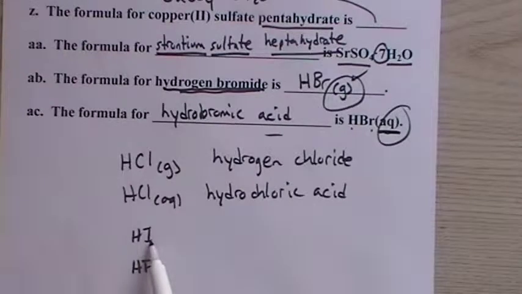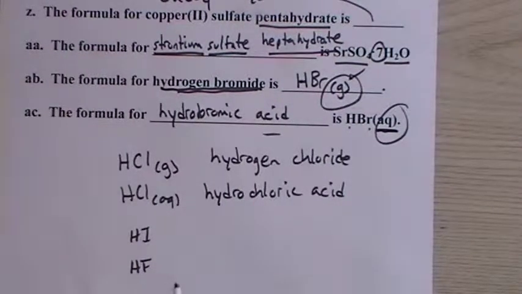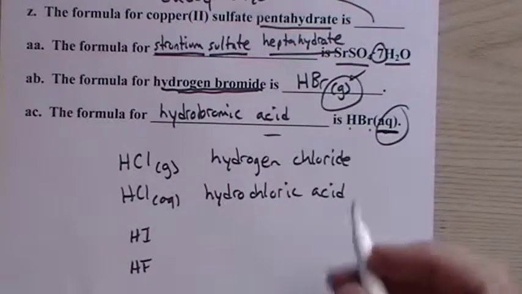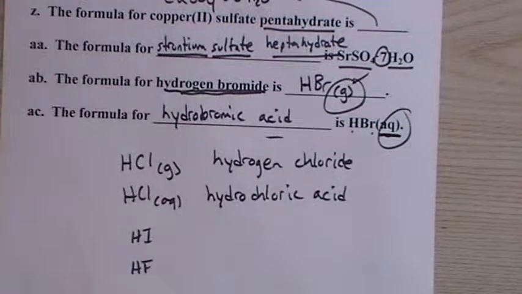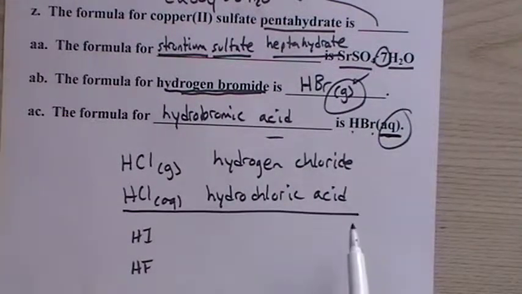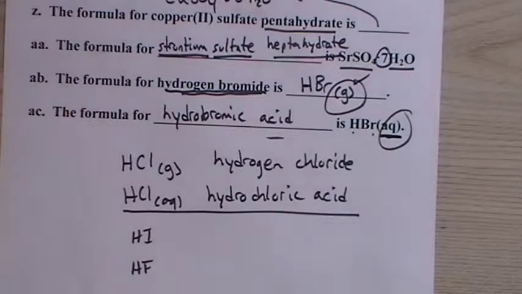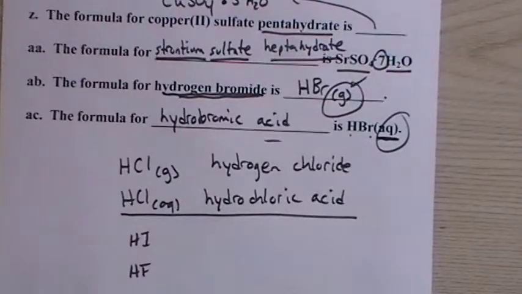We have hydrogen iodide and hydroiodic acid, hydrogen fluoride and hydrofluoric acid. I won't write the rest of them out, they're in the book. But all of these halogen acids love dissolving in water, and they stay in there. We can get 12 molar HCl. That's a very high concentration, and the gas will stay in there and act as an acid.